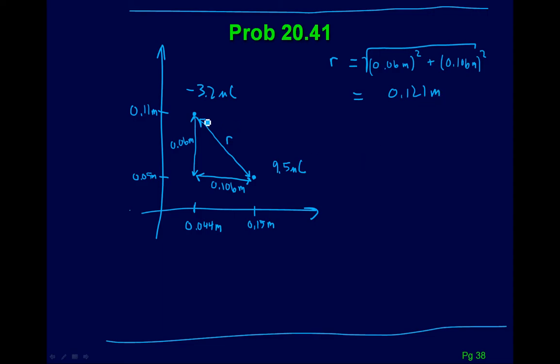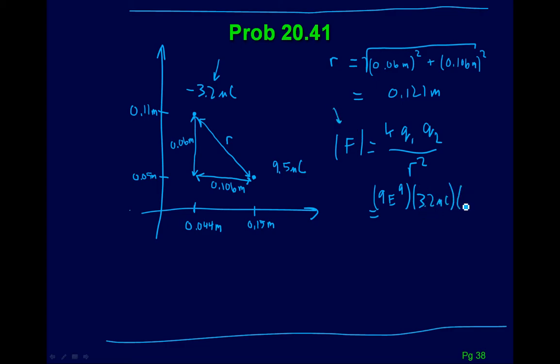So the first thing I like to do is calculate, what are we trying to find here? We're trying to find the force on this particle here, on the negative particle. So I like to find the magnitude. So it's K Q1 Q2 over r squared. K is our constant, 9 times 10 to the 9th. I'll just leave out the units because they're kind of nasty. For Q1 and Q2 it doesn't really matter, but I disregard the sign because it's the absolute value we're looking for.